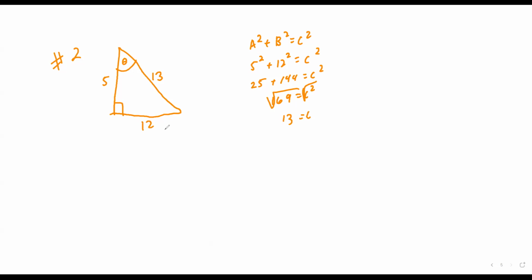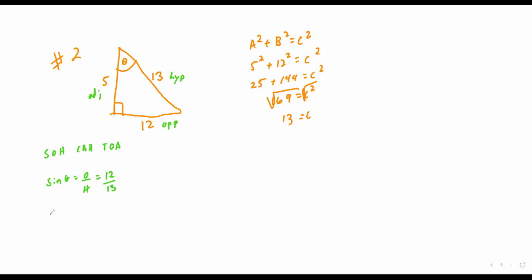So this right here will be the opposite. This will be the hypotenuse, and this would be the adjacent. All right, so now let's go through the work. Again, SOHCAHTOA to help you remember. Sine theta would equal my opposite over my hypotenuse, which in this case would be 12 over 13.